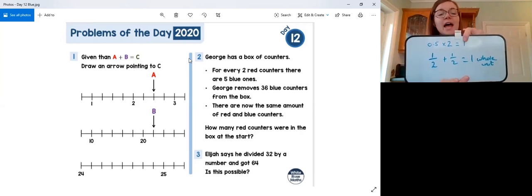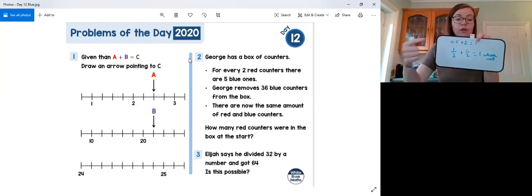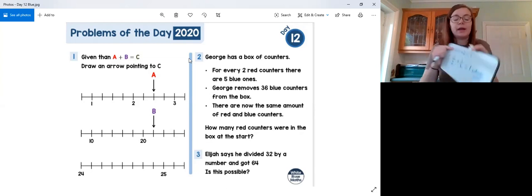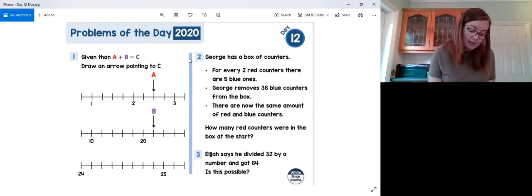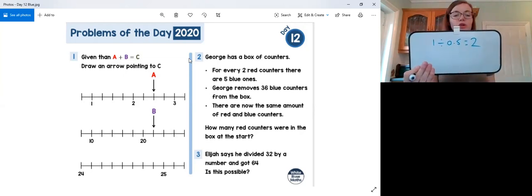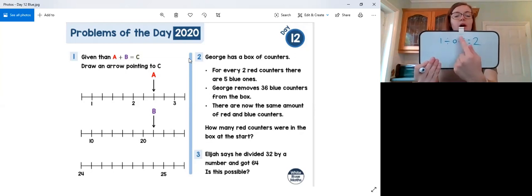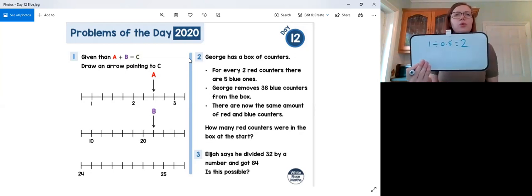So if for every 1 you can fit 2 0.5s, what we're saying is if you were to swap that round and do the inverse, because we know all about our factor families, if we did 1 divided by a half, it would equal 2, wouldn't it? 1, how many halves fit into 1? 2.